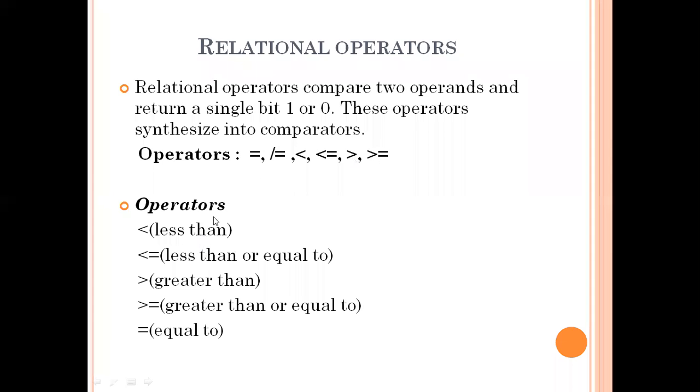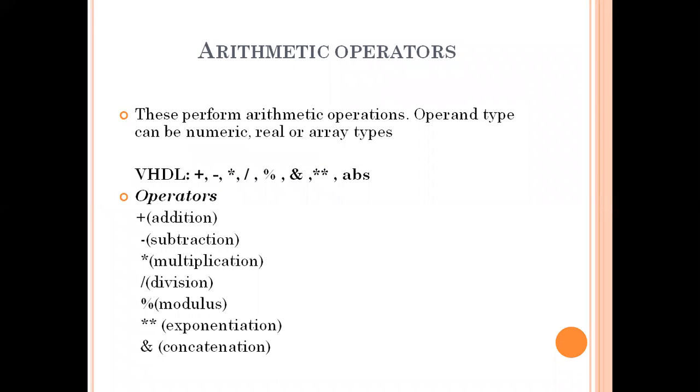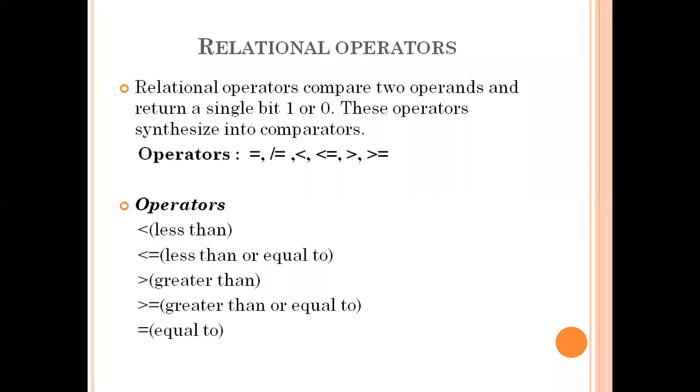Here I have also written the operators: this is less than, this is less than or equal to, this is greater than and greater than or equal to, and equal to are the basic ones. So these are the operators.